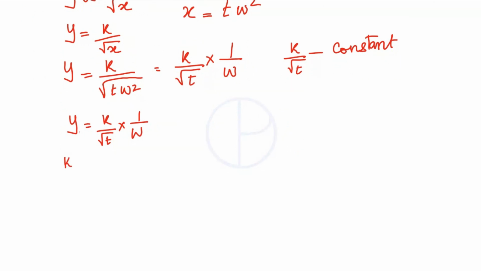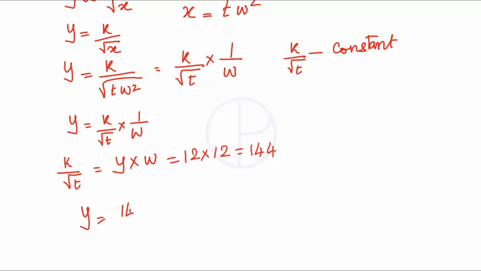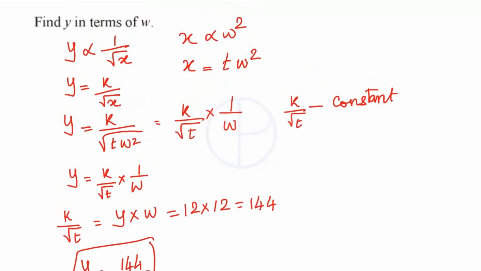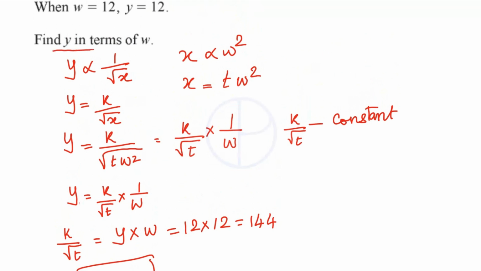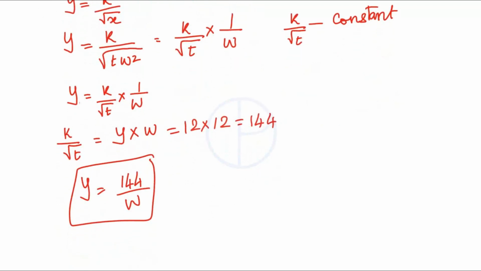I'll make k divided by square root of t the subject. So I get y multiplied by w, which is 12 multiplied by 12, 144. Substitute the constant value. So we get y is equal to 144 divided by w. We needed to find y in terms of w, so we got y is equal to 144 divided by w.